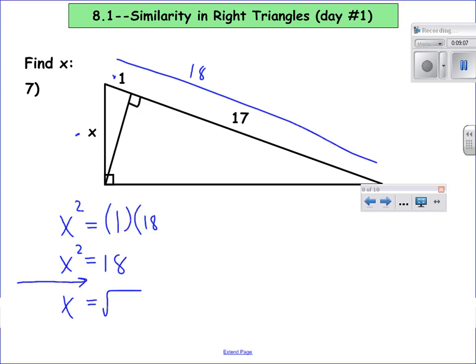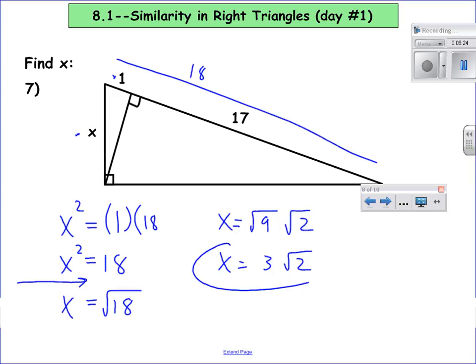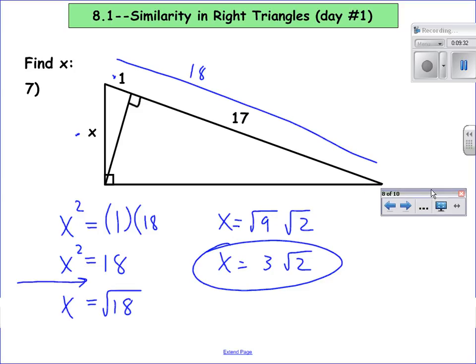X equals the square root of 18, which is, let's see, 9 times 2 is 18. So x equals the square root of 9 times the square root of 2. The square root of 9 is 3. So 3 times the square root of 2. That simplification, we've done that before, but this hopefully solidifies that skill again and gives you another opportunity to see that.